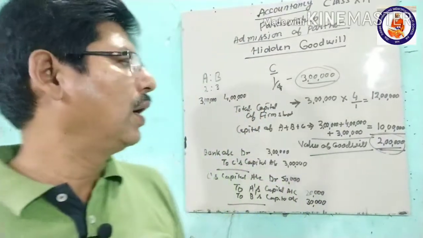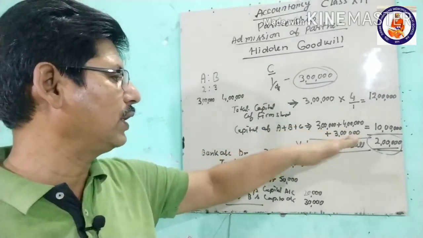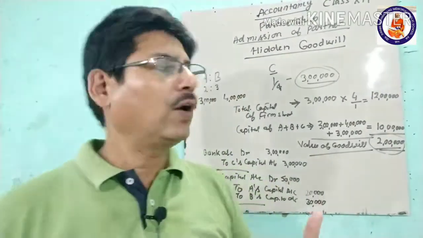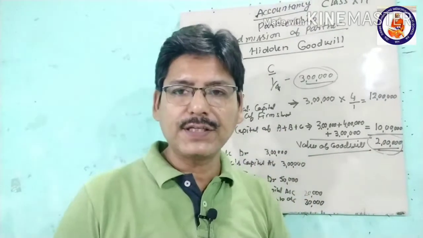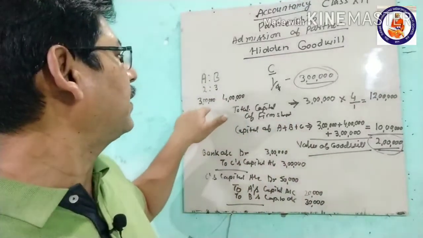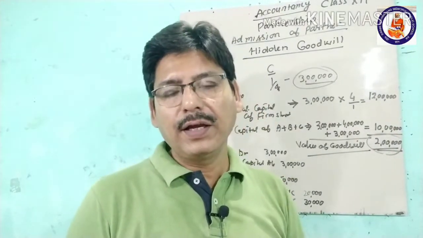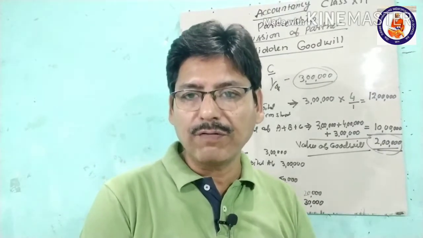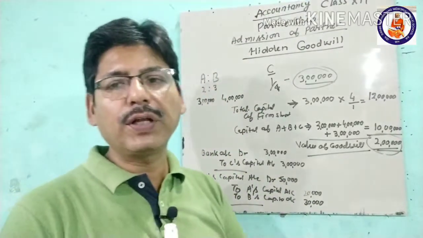Here we have deducted A's capital, B's capital and C's capital total. Sometimes in the question, old partners' capital is given along with a share of undistributed profits or some reserves. All that should be added, because undistributed profits or reserves are part of the profit that is to be distributed among the partners.